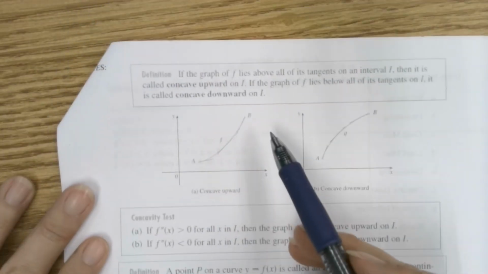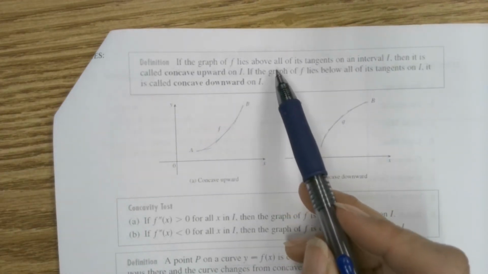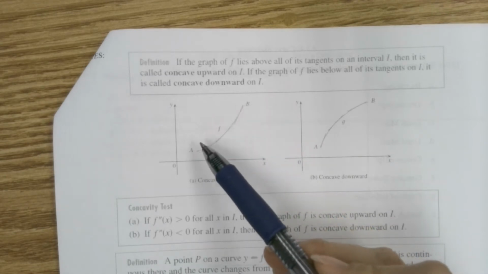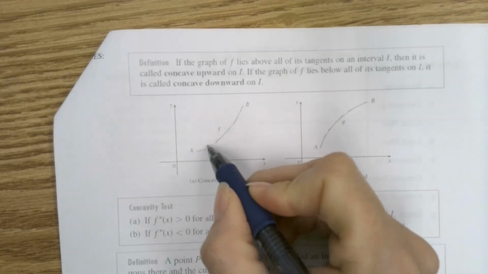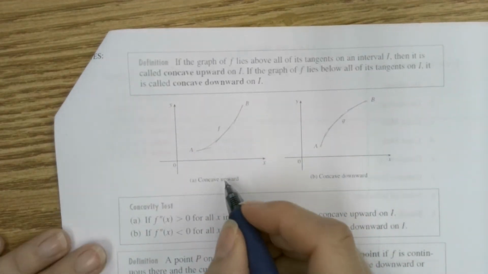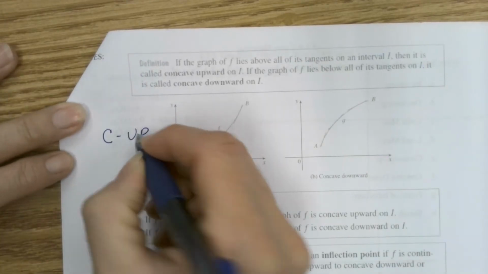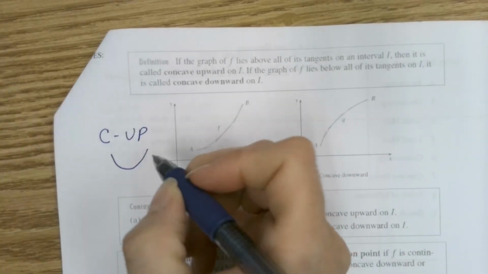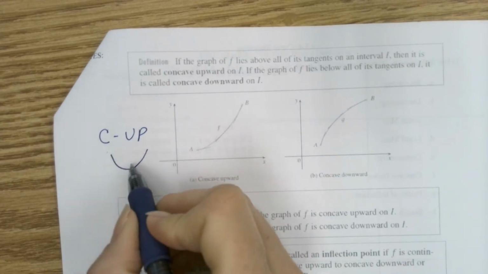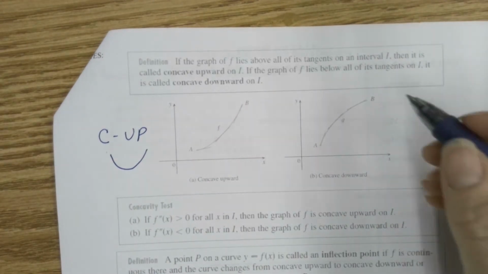And up at the top we have a definition. If a graph of f lies above all the tangents on an interval, then it is called concave up. So the graph is above the tangent lines, is concave up, and what I always say is it is concave up like a cup. Almost imagine a cup that would hold water. That type of curvature is what we call concave up.